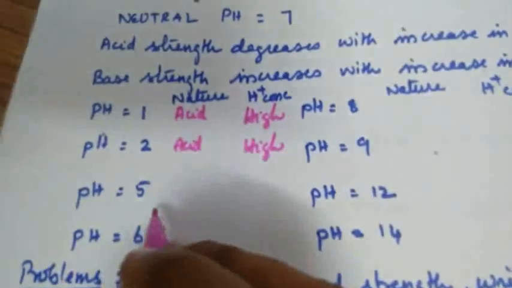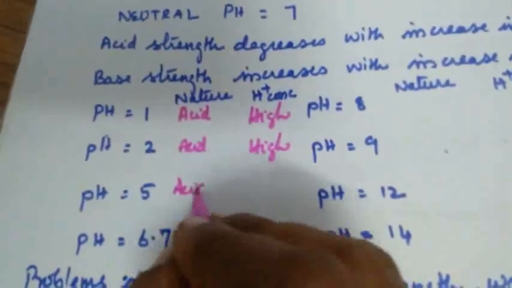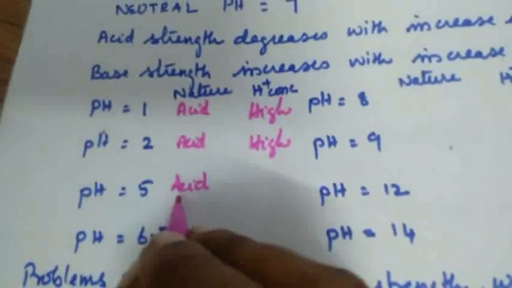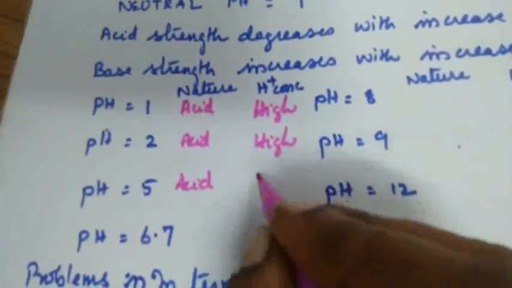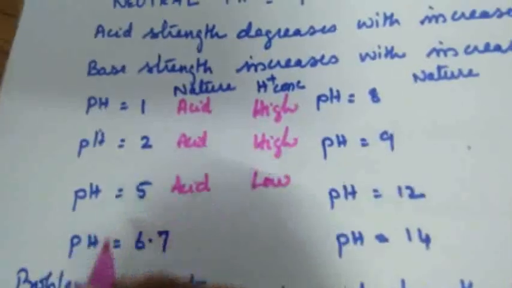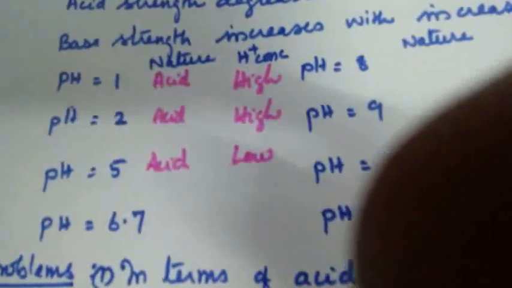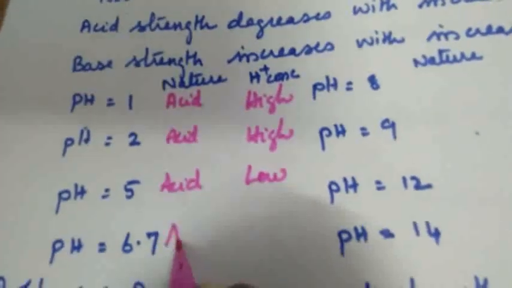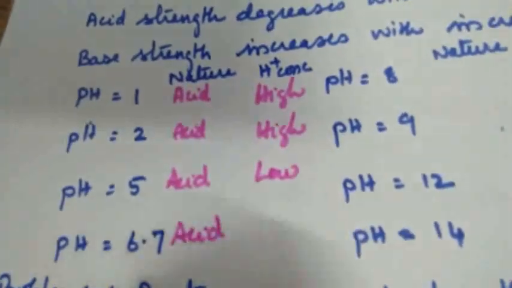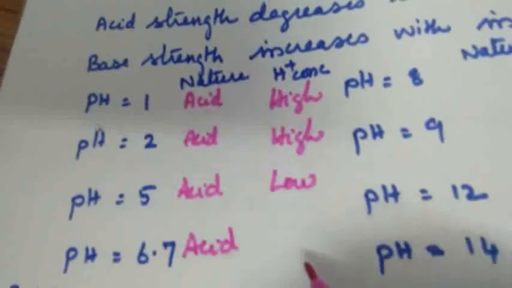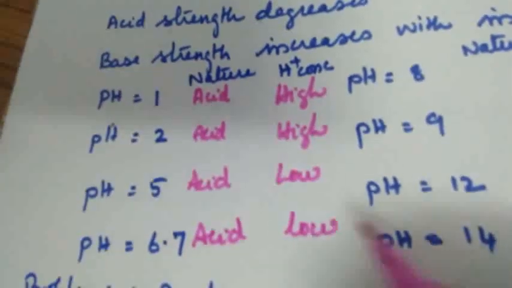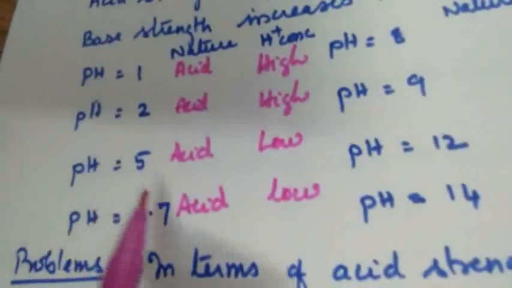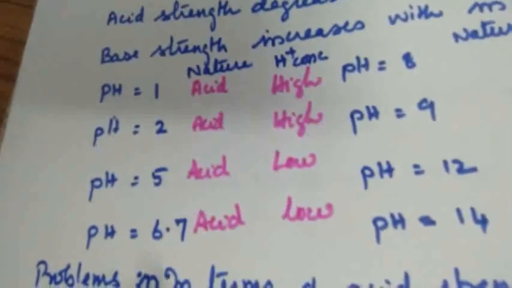Now pH 5 is again acid because it is less than 7, but the concentration is low. As I move closer to 7, the concentration will be low. At 6.7, it is acid and the value will be lowest. When it reaches 7, it is almost neutral.